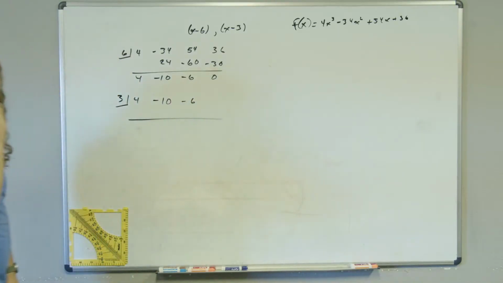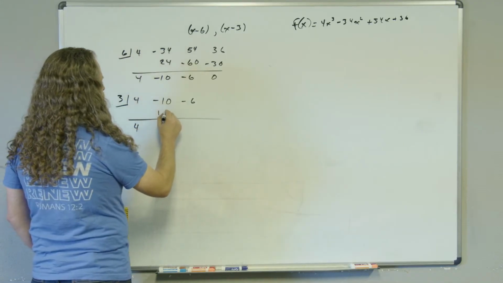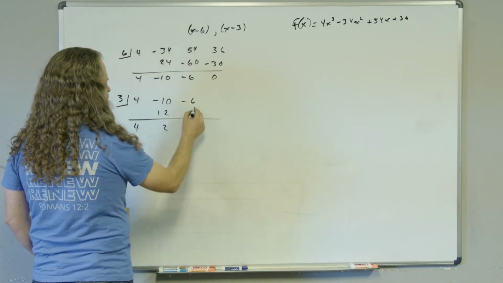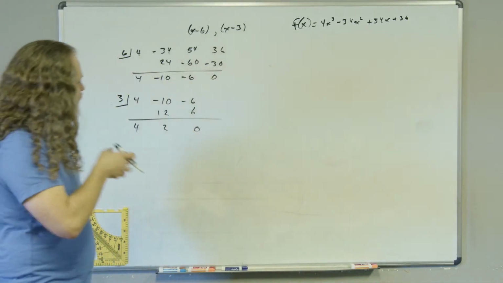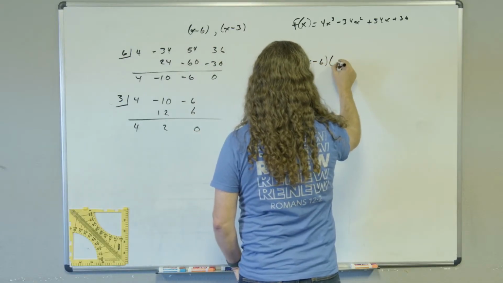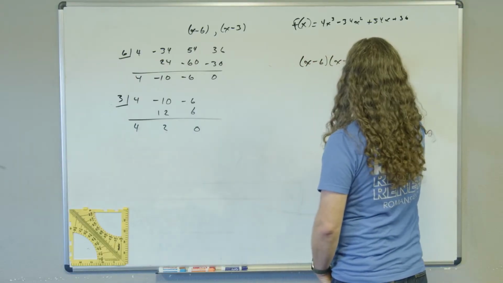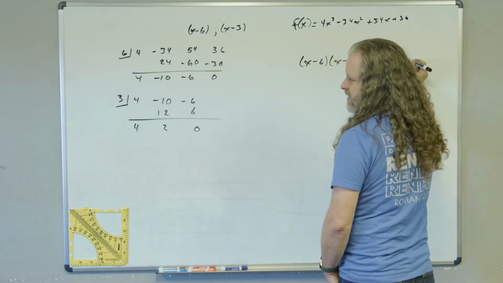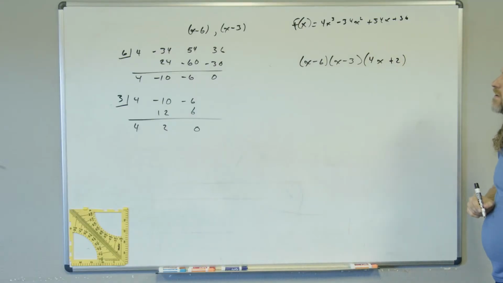We get 4, then 12, 2, 6. It also works. So yes and yes. Now we have x minus 6 times x minus 3 times 4x plus 2.